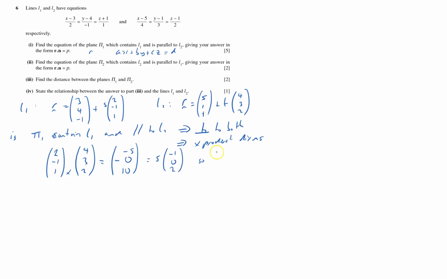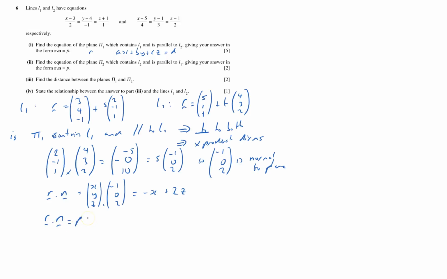And so (-1, 0, 2) is normal to the plane. So that's what my n is. So I know that r dot n is exactly the same as (x, y, z) dotted with (-1, 0, 2), and that equals -x plus 0y plus 2z. And we're trying to find out when r dot n equals d, so I need to find a value.